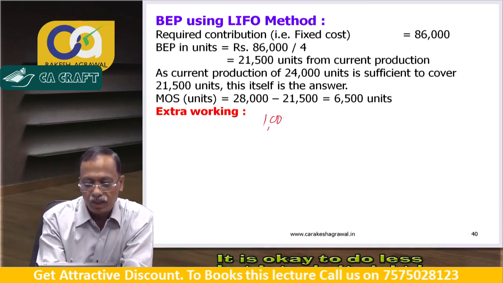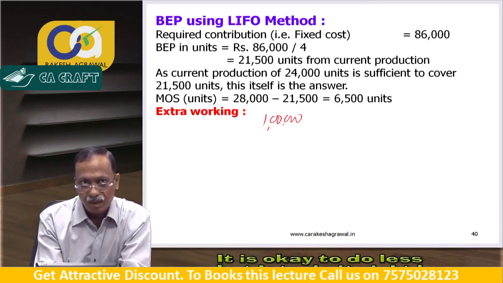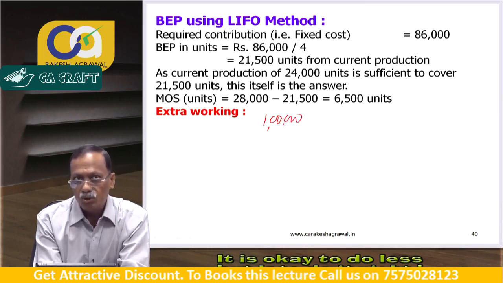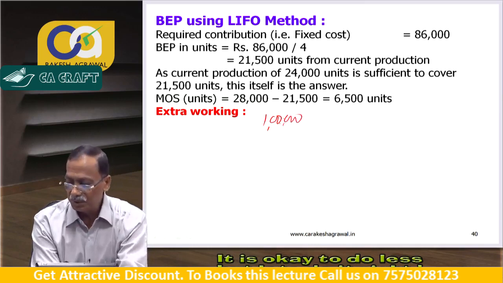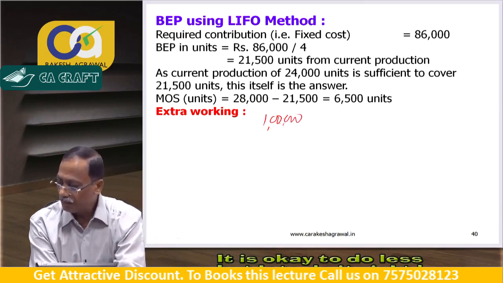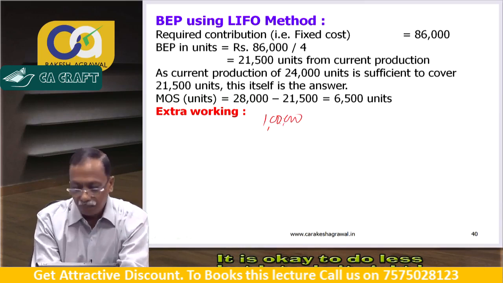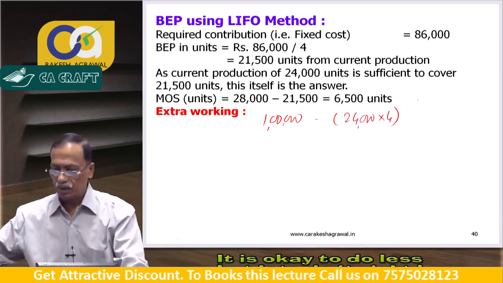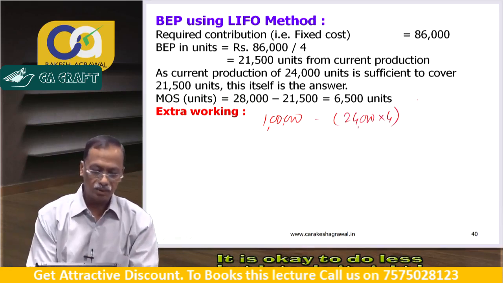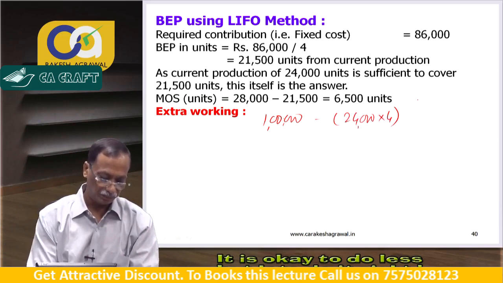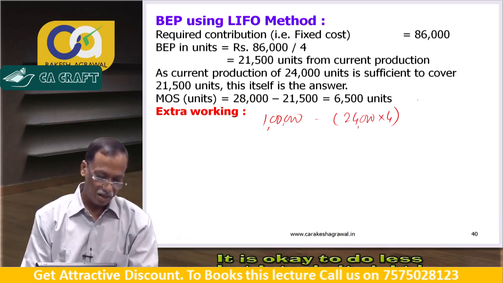For example, suppose my fixed cost is 1 lakh. Can I earn 1 lakh contribution by selling 24,000 units? No, right? My 24,000 units will give me a contribution at the rate of 4 per unit, that is 96,000.